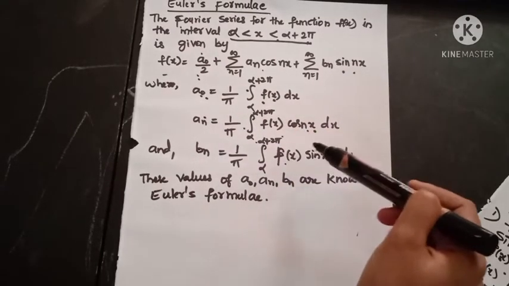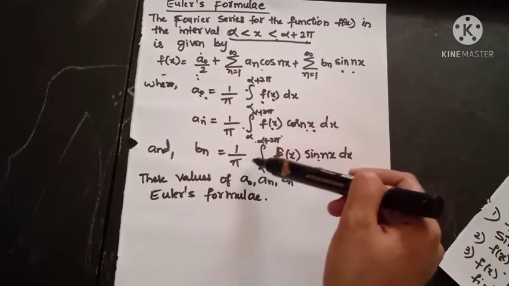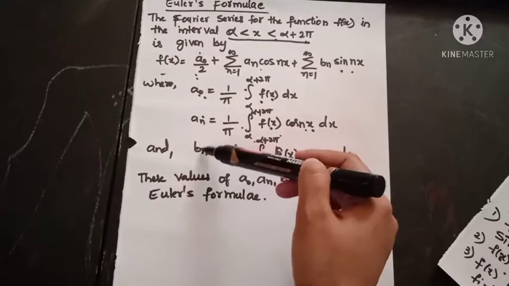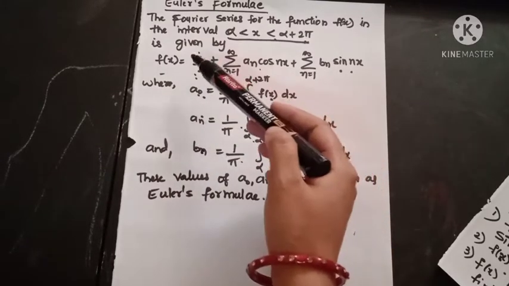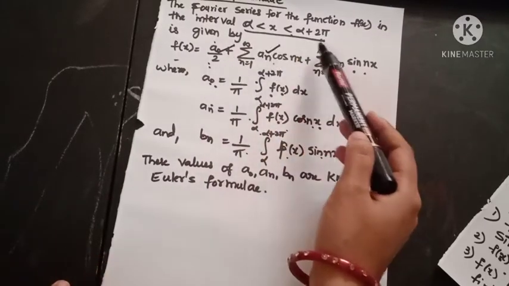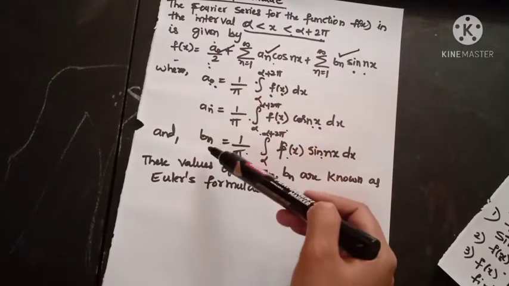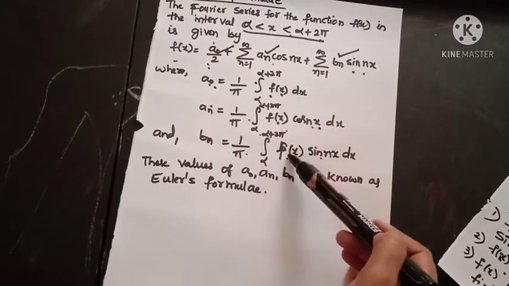Solve the integral of f of x sin n x within alpha to alpha plus 2 pi, divide by pi, you will get the constant bn. So you will get these constants a naught, an and bn by solving these integrals.